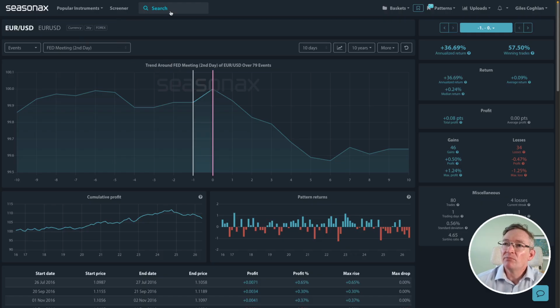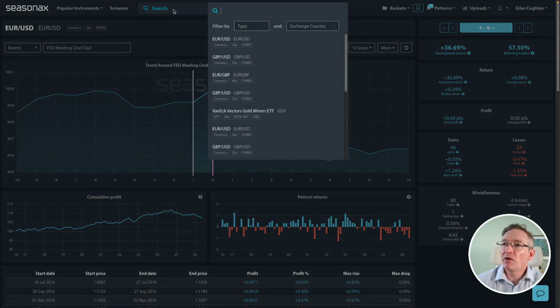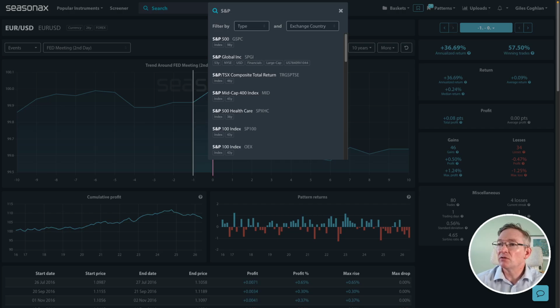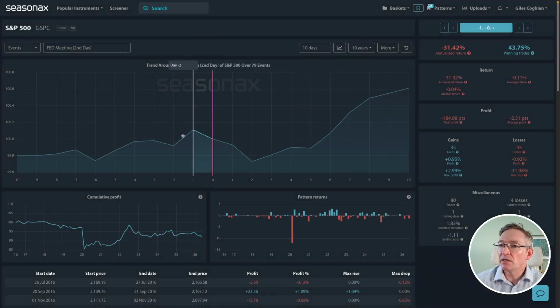And let's compare that to the S&P 500. And there you can see on the interest rate decision, maximum profit, wow, 2.99%, and 11.98%.